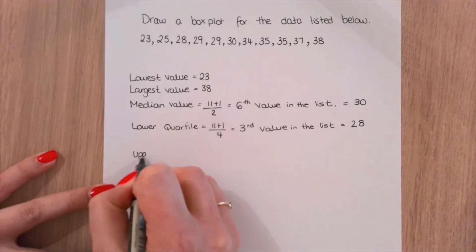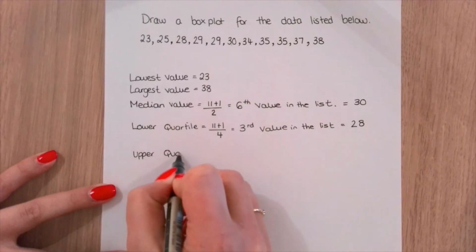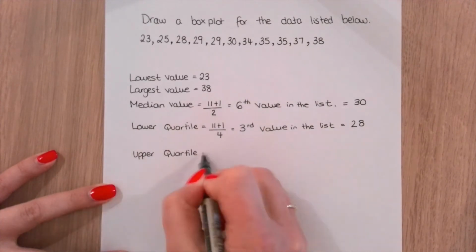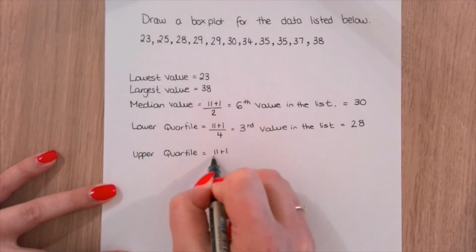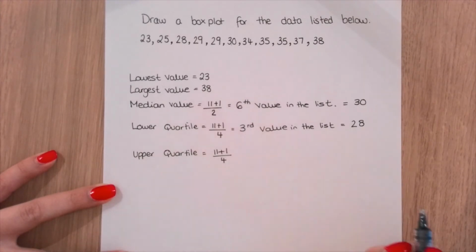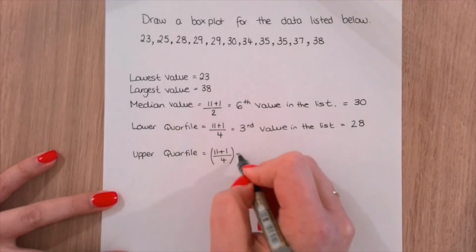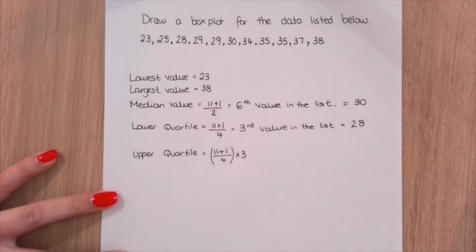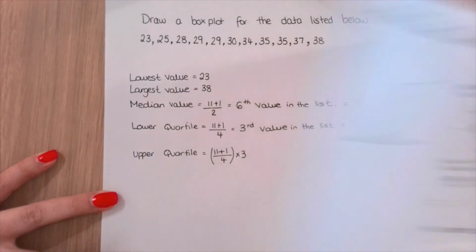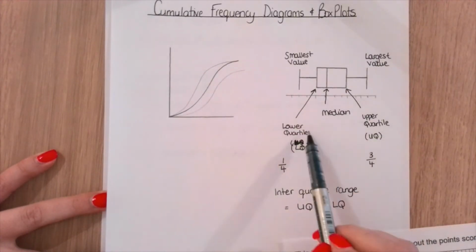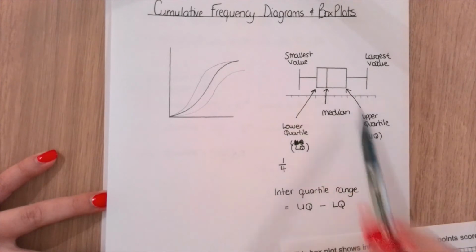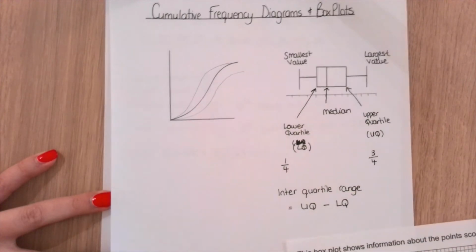Upper quartile is 11 plus 1 divided by 4. Well, that would get me my lower quartile. My upper quartile is 3/4 of my way through my data. Remember I showed you here, lower quartile was 1/4 of the way through, upper quartile was 3/4 of the way through.